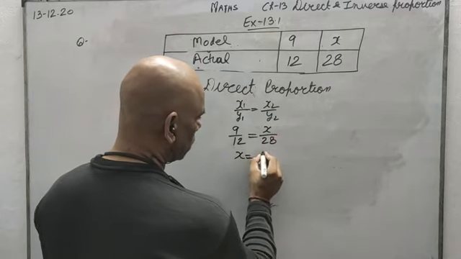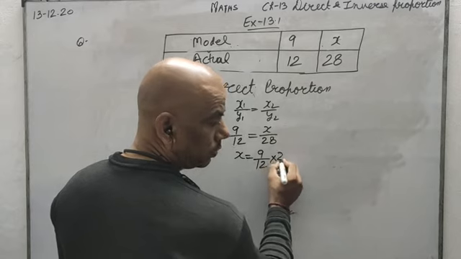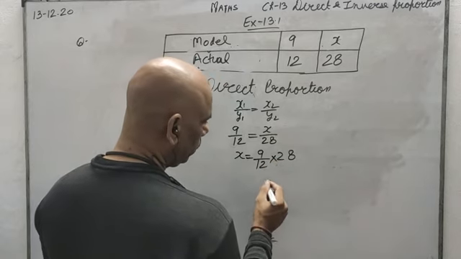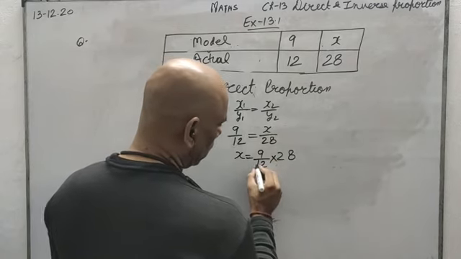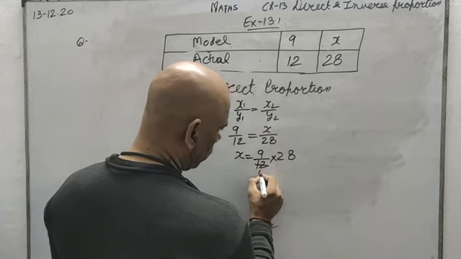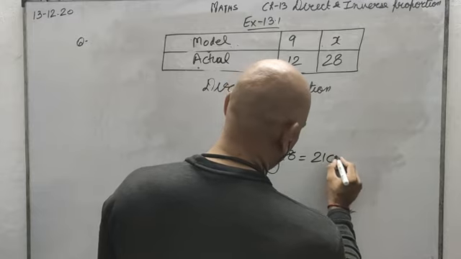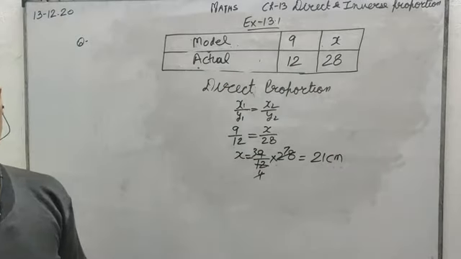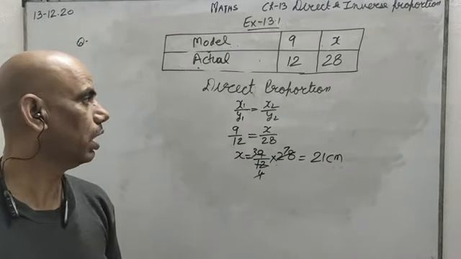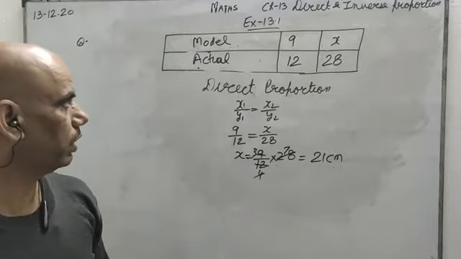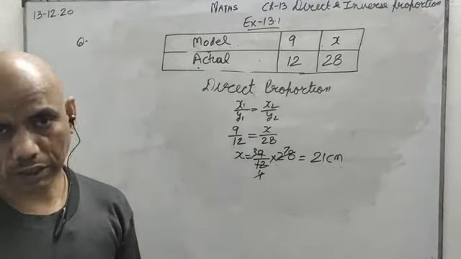So x is equals to 9 by 12 into 28. What will I get? 3 4s are 12, 3 7s are 21 centimeter. So 21 centimeter will be the length of the model ship.